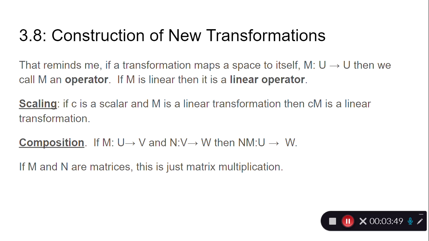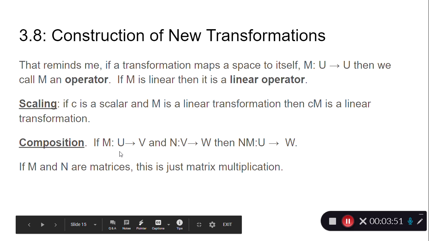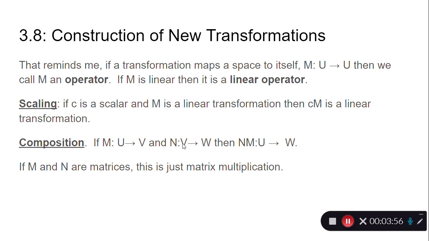Composition is kind of important here. If we go from U to V under M, and if N goes from V to W, then you can compose the functions NM. Now, order matters here.